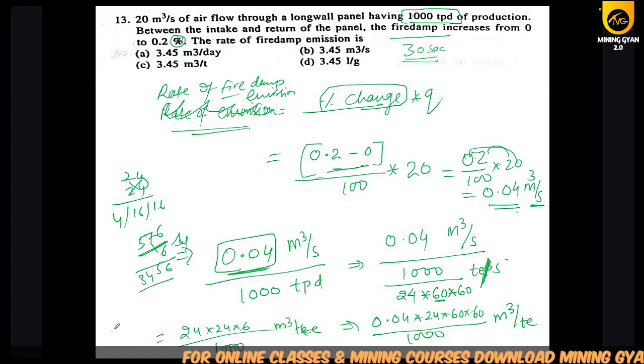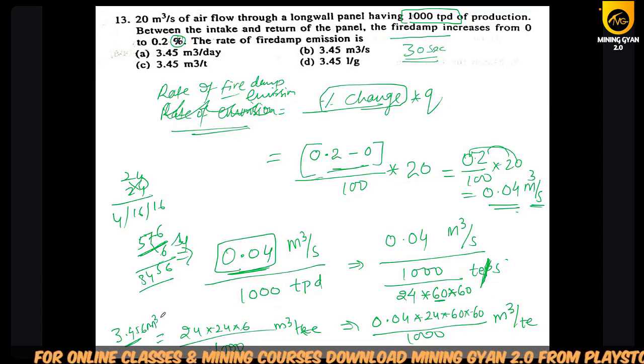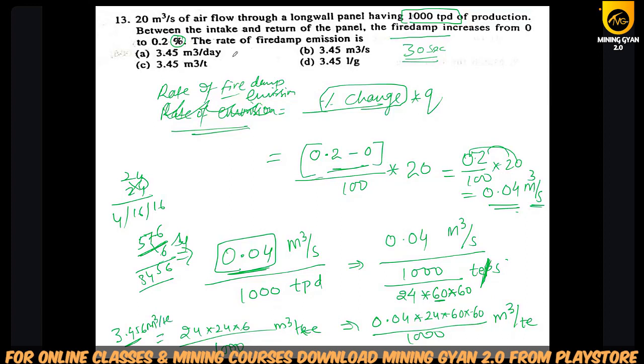So our answer will be 3.456 meter cube per ton. The answer will be option C.